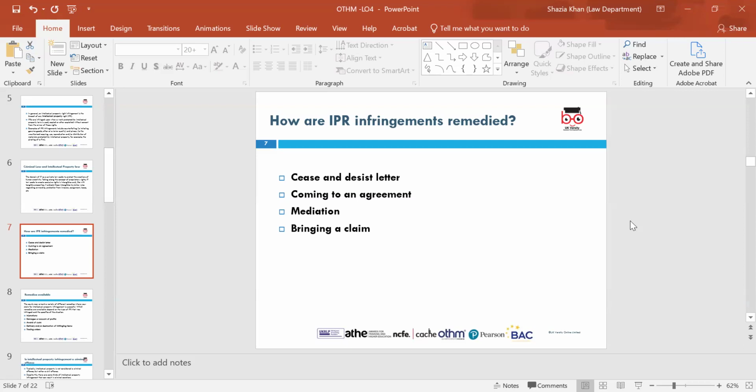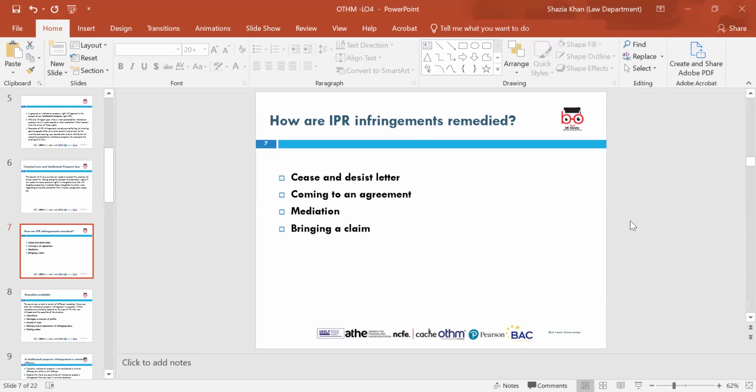The next one is mediation. So if you cannot come up with an agreement with the infringing party, you can consider using mediation. Mediation is a form of alternative dispute resolution, which involves an independent, trained mediator who facilitates the communication between the two parties having the dispute with the aim of achieving a settlement or resolution. So the whole point of mediation is trying to come to a resolution and trying to mediate between the parties so that something can be done before it goes to court.